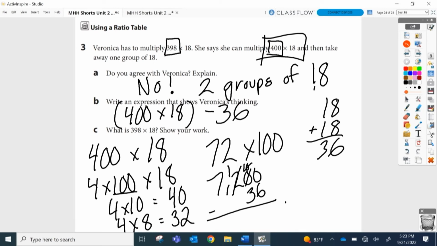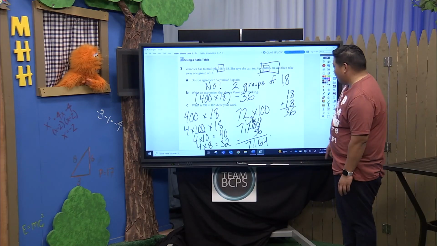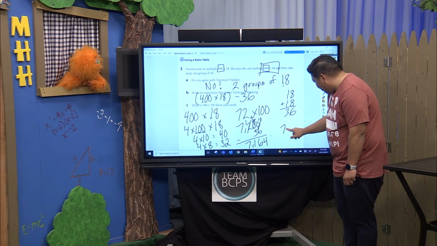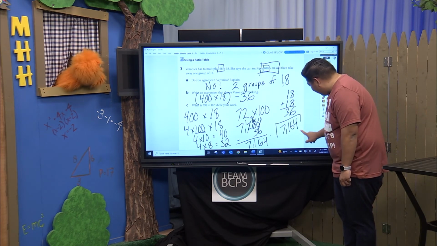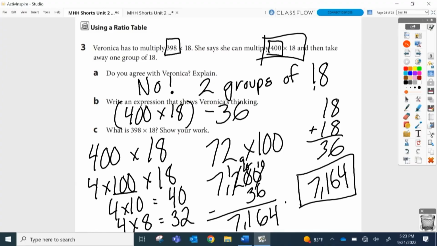So that'll give us 9 tens and 10 ones. So 10 minus 6, 4. 9 minus 3, 6. 1 minus nothing, 1. 7 minus nothing, 7. So our final answer here is going to be 7,164. Look at all that math. Looks so awesome. Very cool.